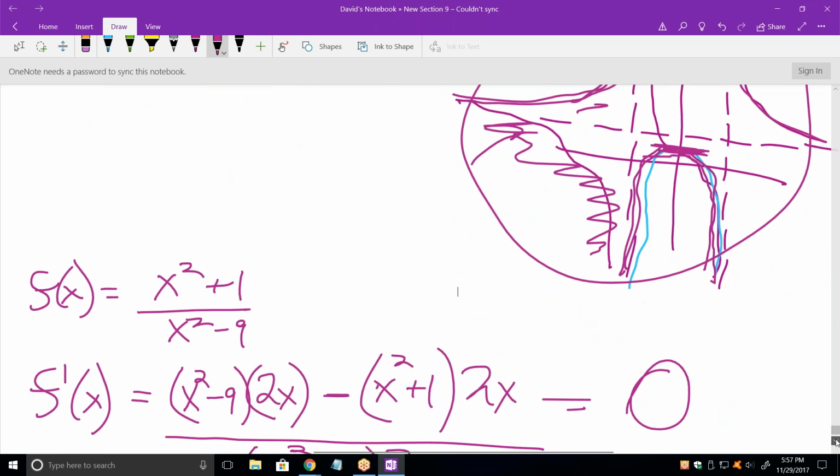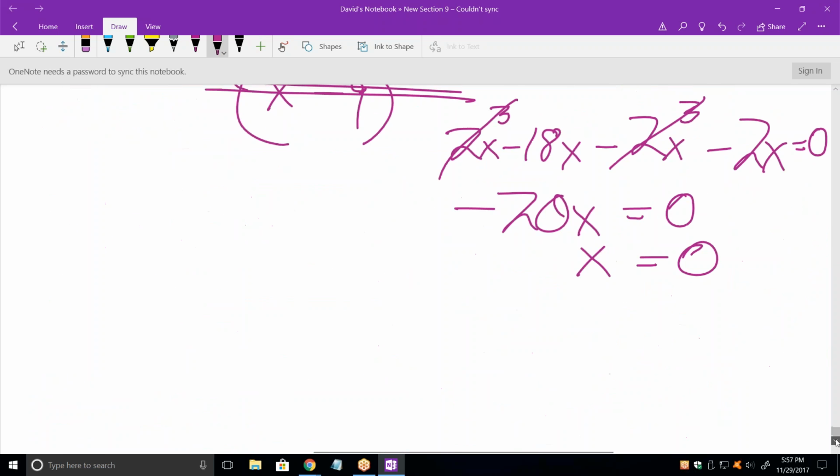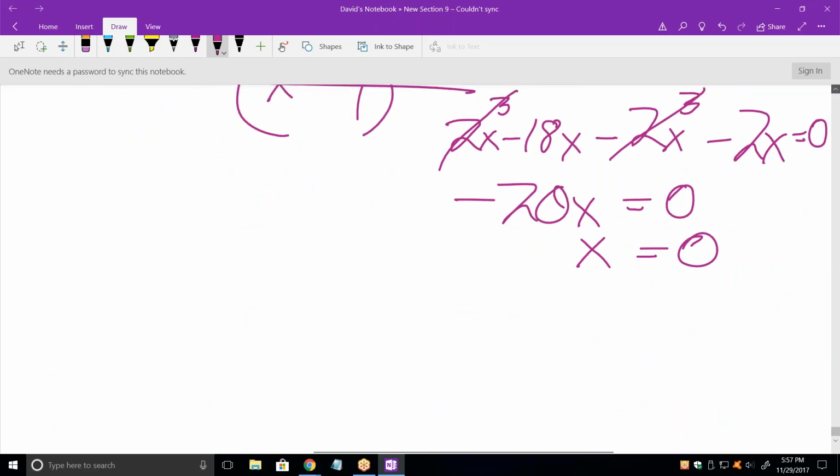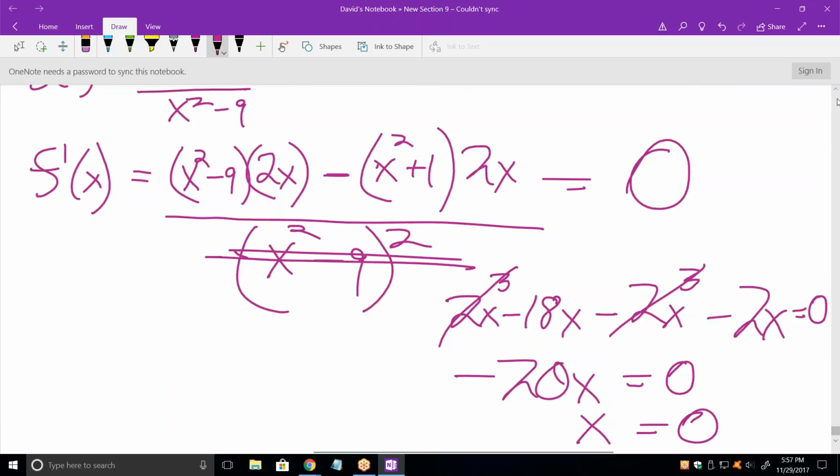So I suppose, oh, that's ugly. If I had to tell whether it was concave down or concave up at that critical point, how am I going to do that? You need the second derivative for that, right?